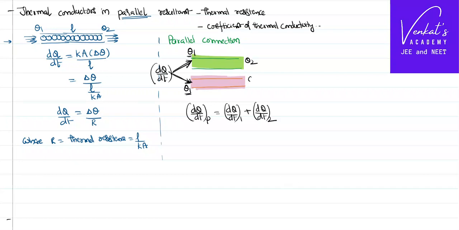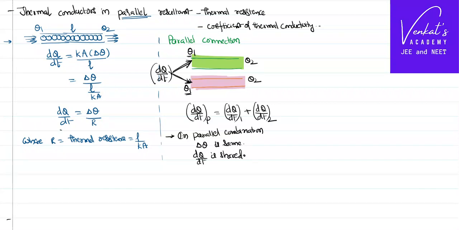So in a parallel combination, delta theta is the same, whereas dQ by dt is not the same; the rate of heat flow is shared.